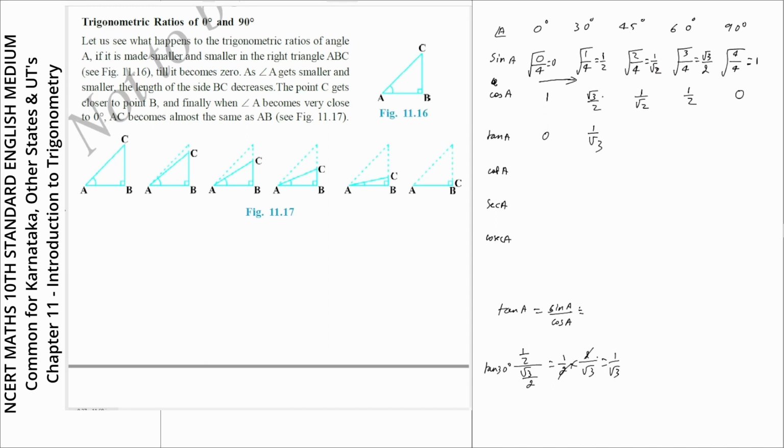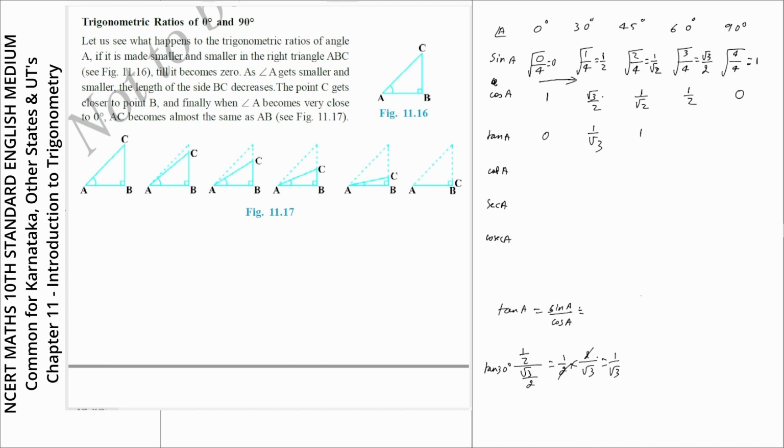Now tan of 45 degree, divide sin 45 by cos 45, that is 1 by root 2 divided by 1 by root 2, I will get as 1 only. Now here tan of 60, root 3 by 2 divided by 1 by 2.